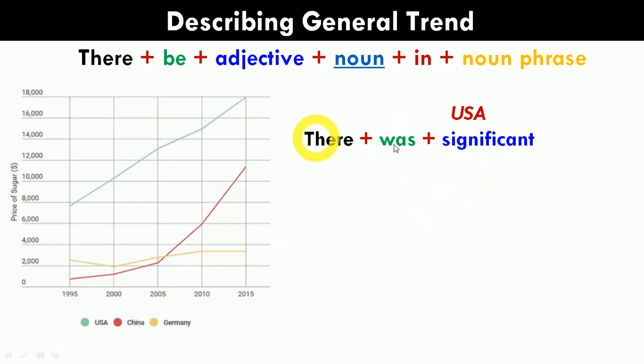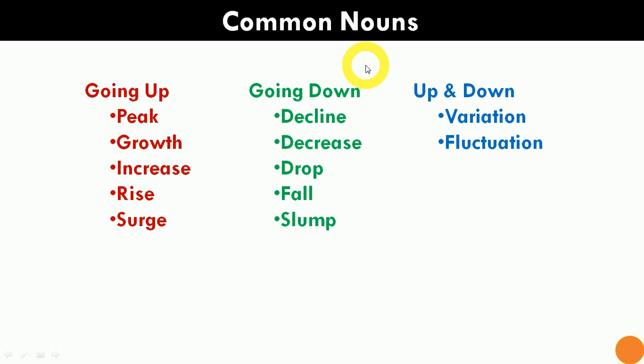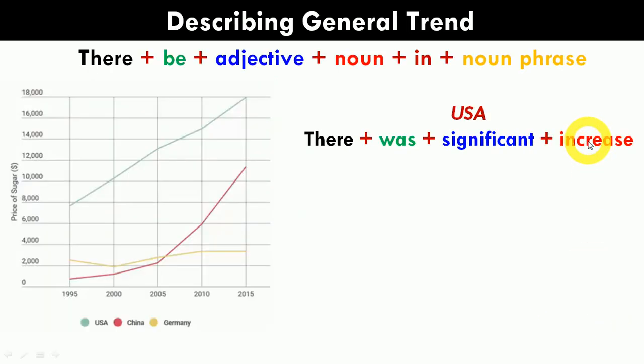So there was significant. Now we are supposed to use a noun. For the noun we have this list. From the line in the graph, we can see that the data is going up. The line is going up, so we can choose any of these nouns. Let's choose increase or rise. Because the line is going upward, I have put increase.